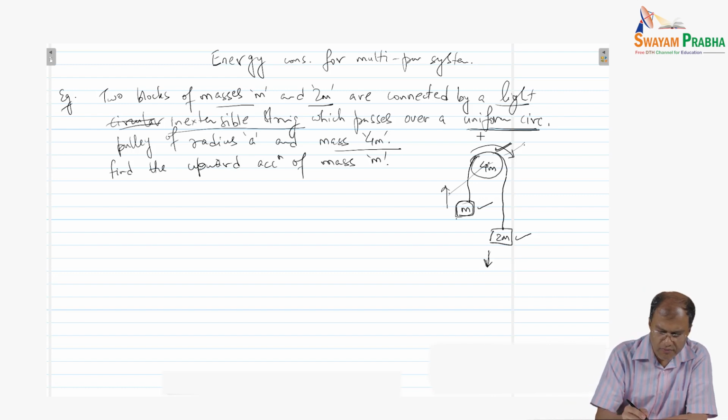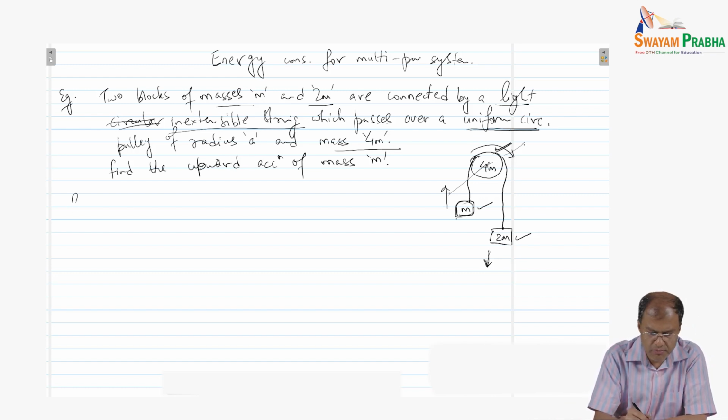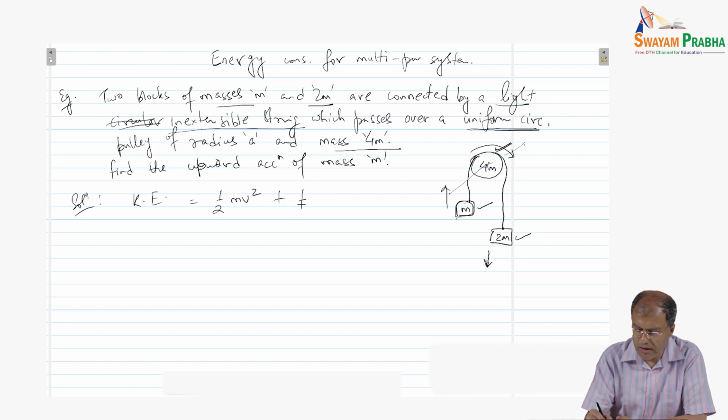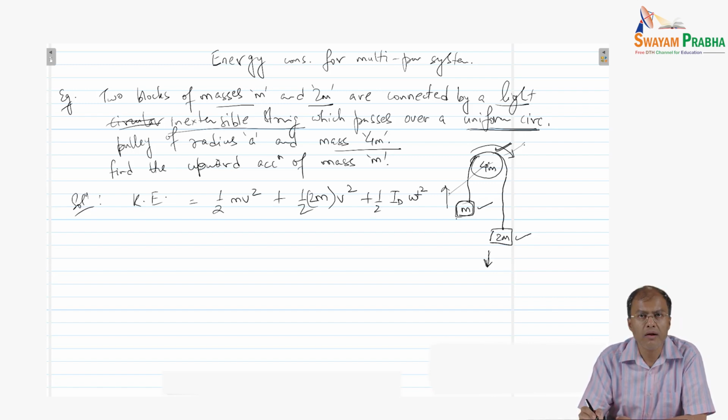Okay, so we can start writing the total energy of the system. So the kinetic energy is going to be half mv square plus half 2m v square plus half I omega square, right? This first term is the kinetic energy of the lighter mass, then the kinetic energy of the heavier mass, and the kinetic energy of the disk.